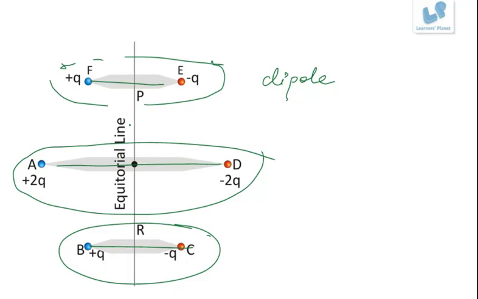So if we consider the sum of potentials of all three dipoles at any point, let's say this point W, the potential due to this will be 0, due to this will be 0, and due to this dipole will be 0, and the potential at point O will also be 0.